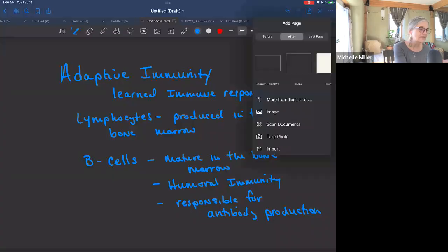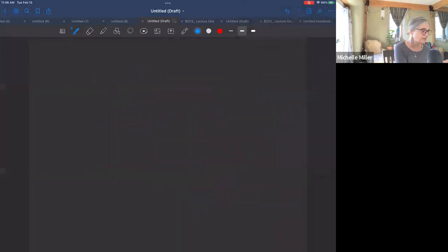The next type of lymphocyte are the T cells. These are produced in the bone marrow, but they mature in a gland that is actually part of the lymphatic system as well, called the thymus gland.